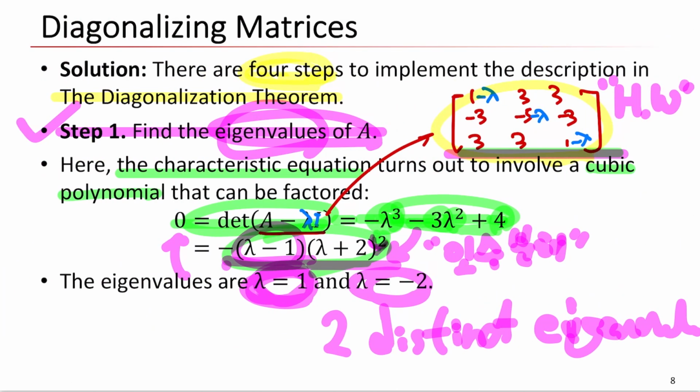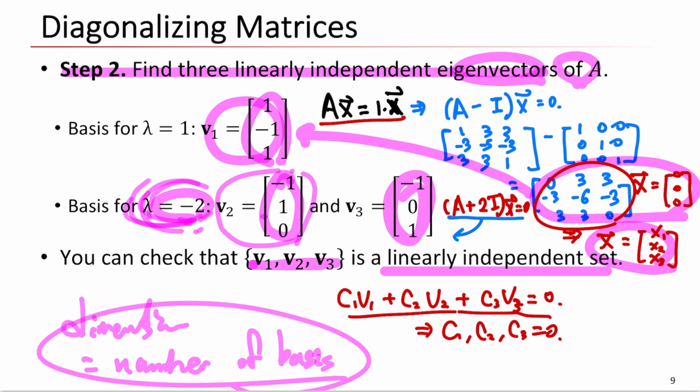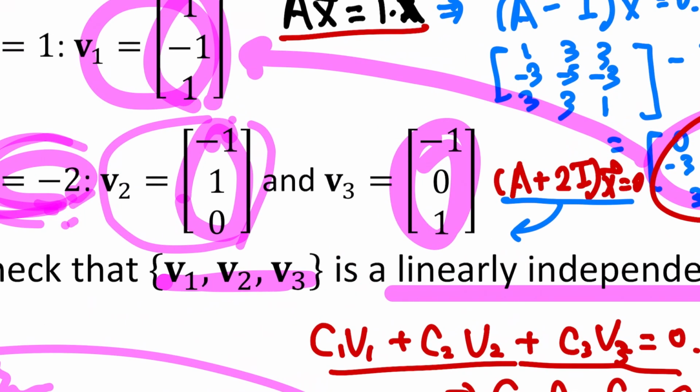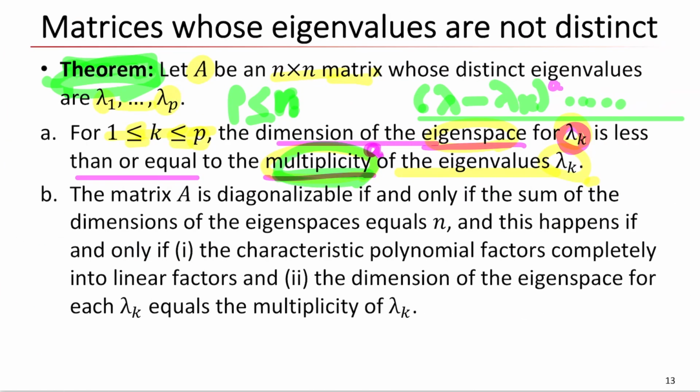The dimension is the number of bases, so in this case the number of bases should be 2 at most. In other words, the number of bases of the eigenspace is less than or equal to the multiplicity.